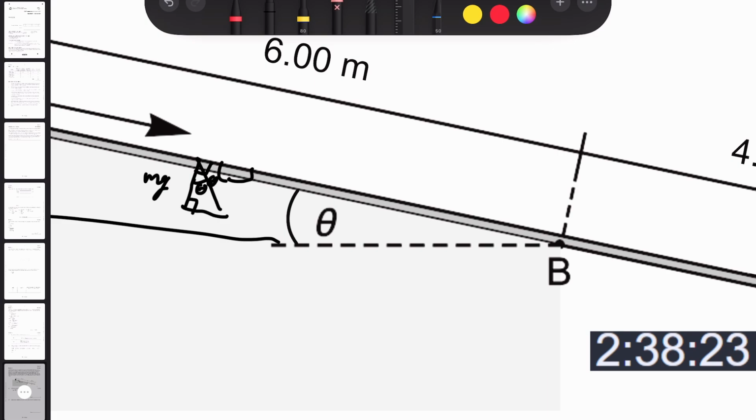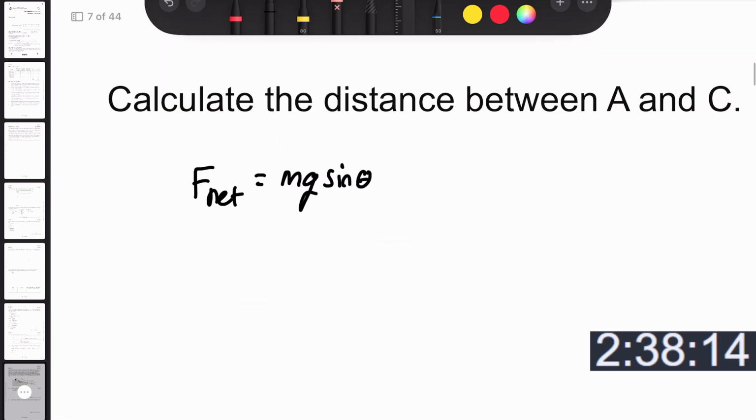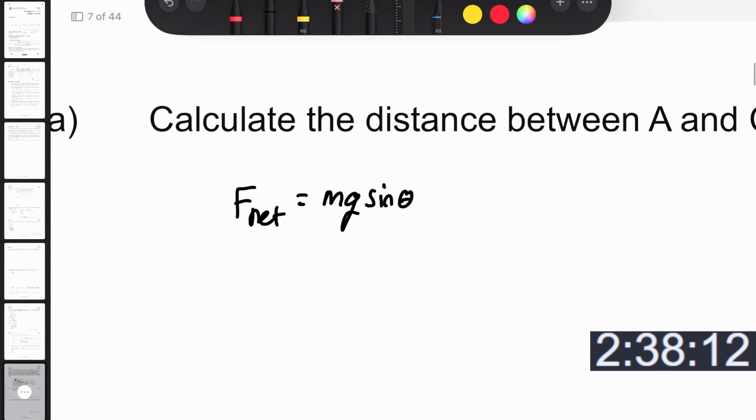That's theta. g sine of theta. So then acceleration is equal to g sine of theta.